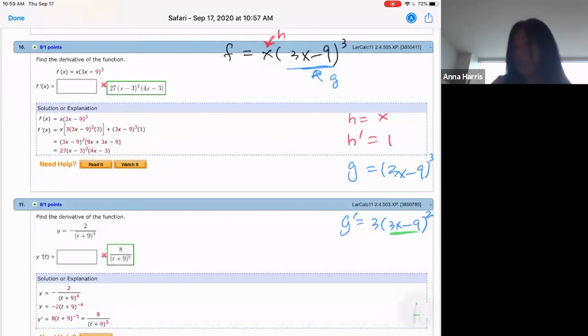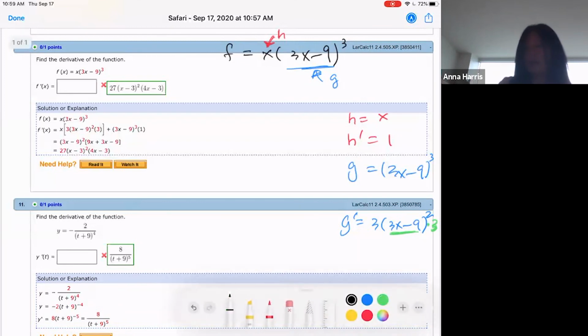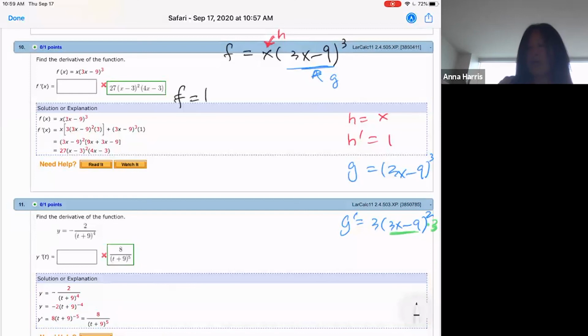That's equal to simply 3. Does everybody see that? So I'm using a product rule and a chain rule. Now let's finish this problem. So for this f, that means I'm going to do h times g prime plus g times h prime. That's what I need to do.